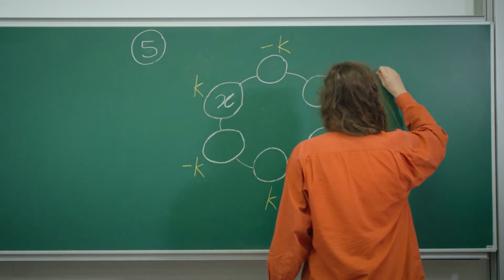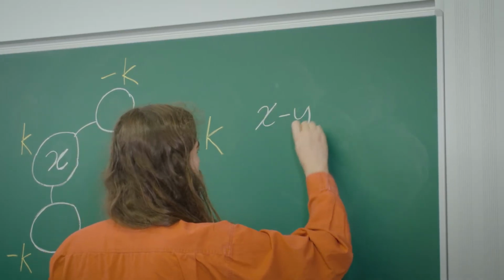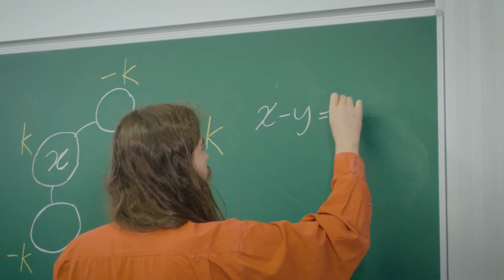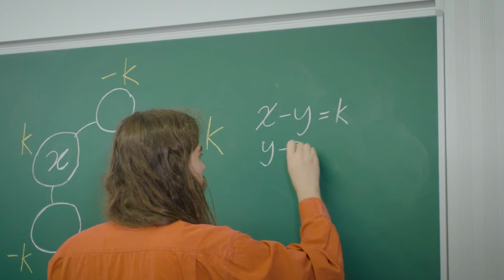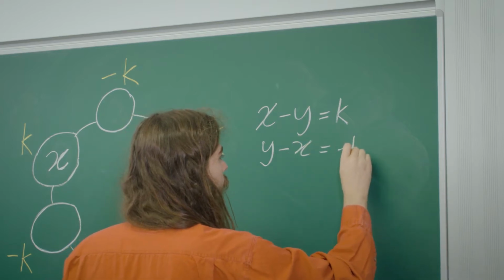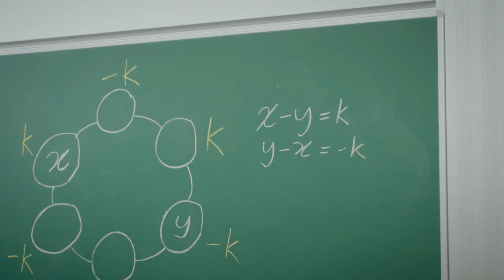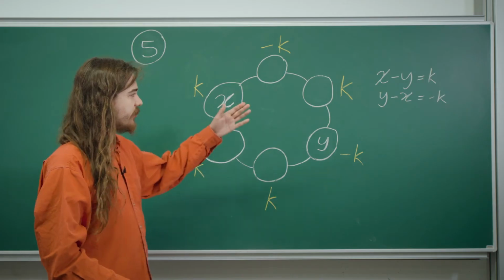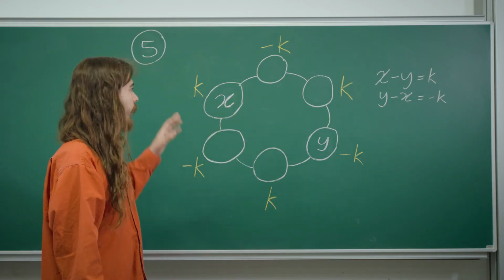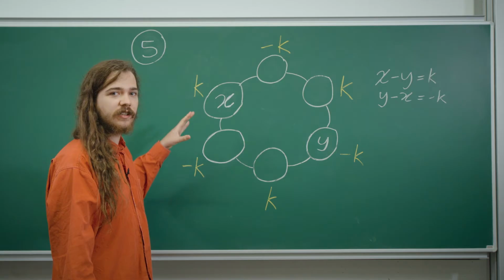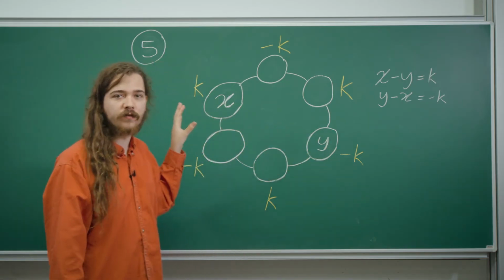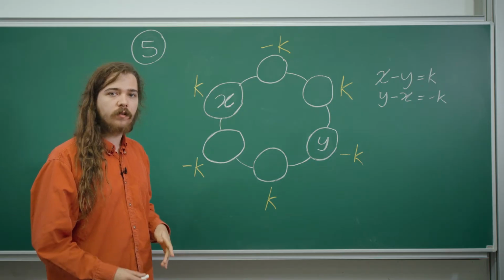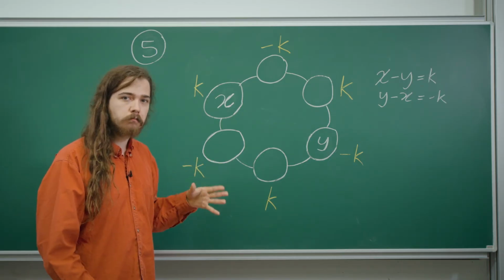This is telling us that x minus y equals k, and y minus x equals minus k. Now, these are just 2 ways of saying the same thing. And so if we consider each yellow number as an instruction, then our instructions are basically just repeated again on the other side.